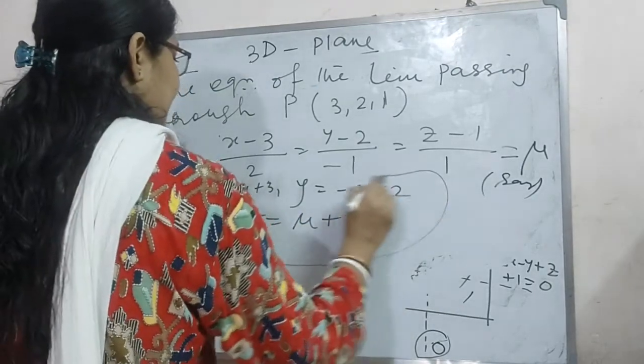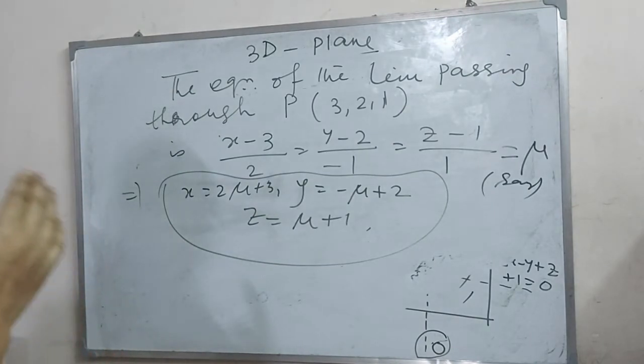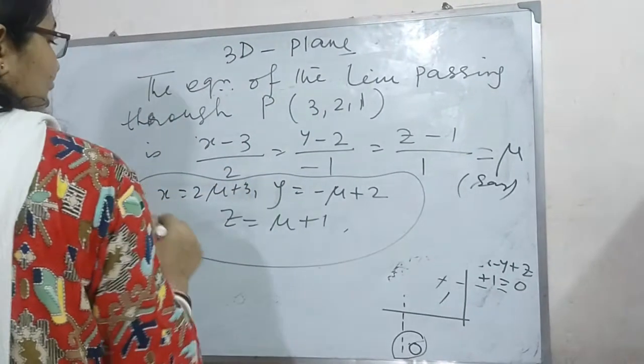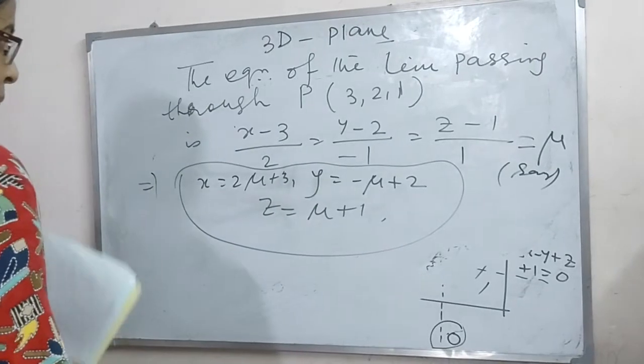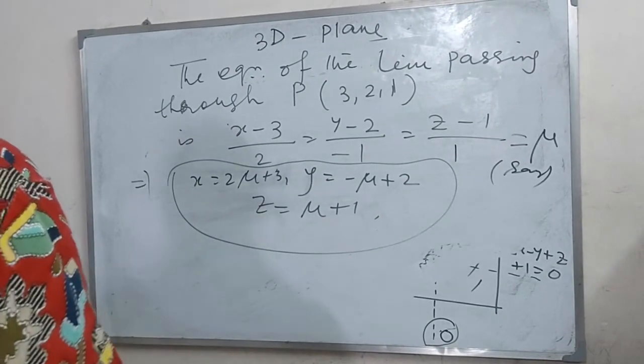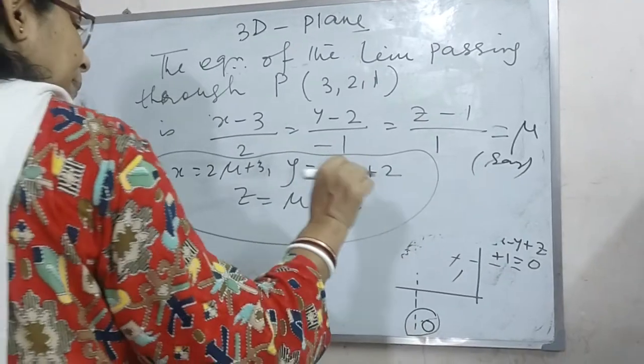This is the general coordinate of any point on this line, and I say this is the coordinate of S. This point lies on the plane.